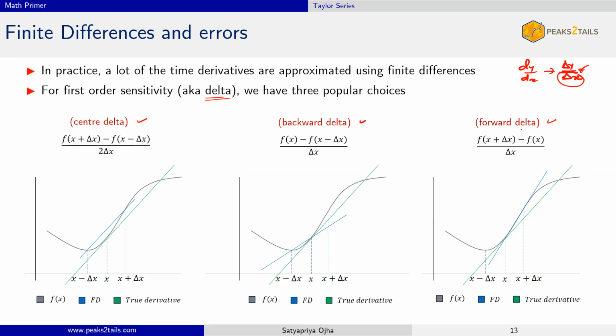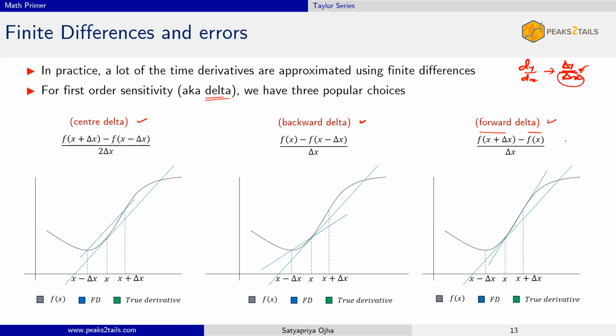Forward delta is very simple. Shock the x positively. Basically you adjust x upwards. You give a positive shock to x and then measure the new y minus the old y in the numerator.